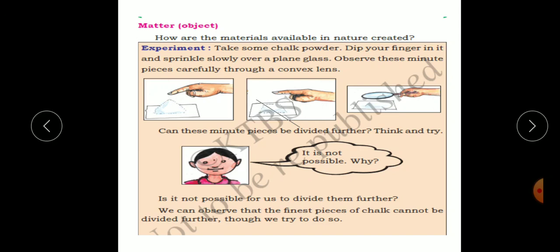So here one experiment is given. Listen students, take some chalk powder, dip your finger in it and sprinkle it slowly over a plain glass. Observe these minute pieces carefully through a convex lens. Can these minute pieces be divided further? Think and try.